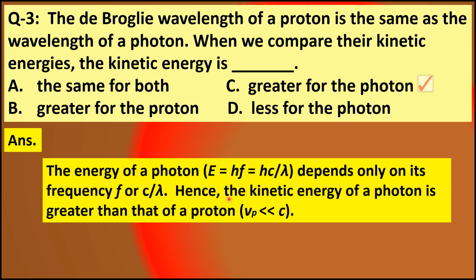Hence, it's clear that the kinetic energy of a photon is greater than that of a proton. Alright? Of course, we are assuming that the speed of the proton, Vp, is a non-relativistic speed, which means that it is way less than the speed of light, c.